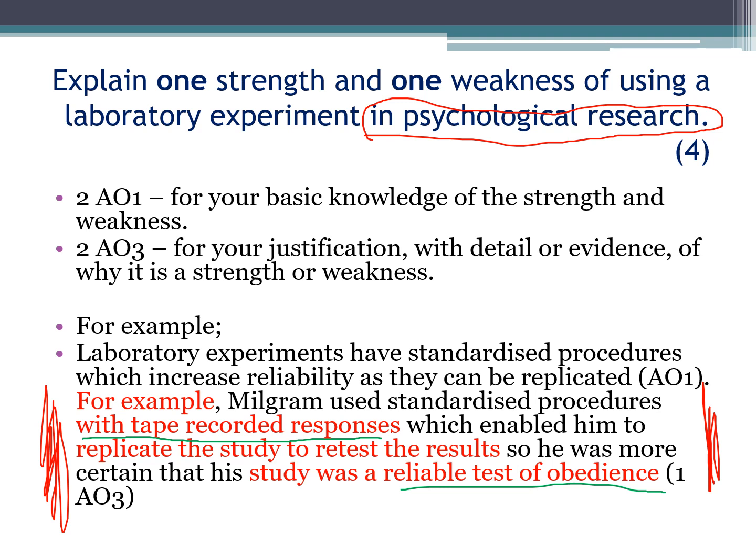This question can come up in a number of different ways. So this bit here at the end, the psychological research bit, that could say one strength, one weakness of using a lab experiment in cognitive psychology. And if it comes up with the in cognitive psychology, then this example here needs to be from cognitive.